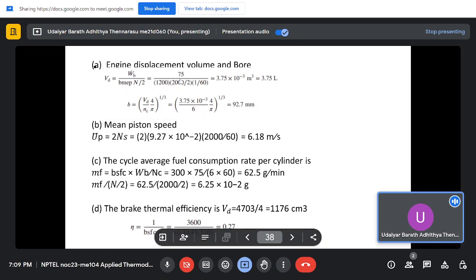So 75 divided by 1200 into speed 2000 divided by 2 divided by 60 to convert it into seconds. This gives displacement volume as 3.75 into 10 power minus 3 meter cube, or 3.75 liter. So we have calculated the displacement volume.